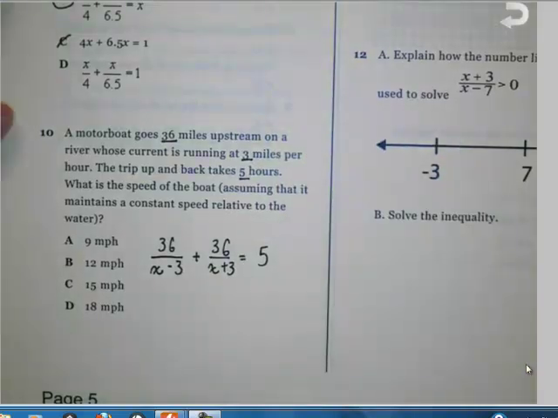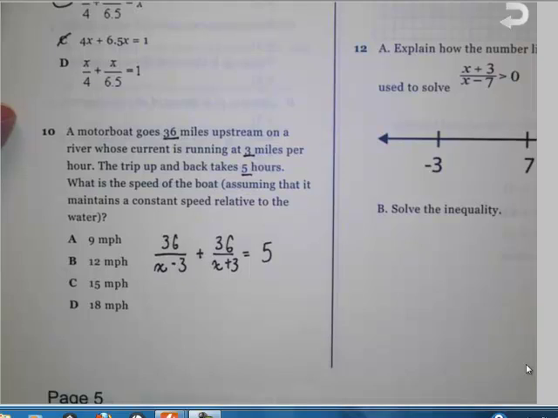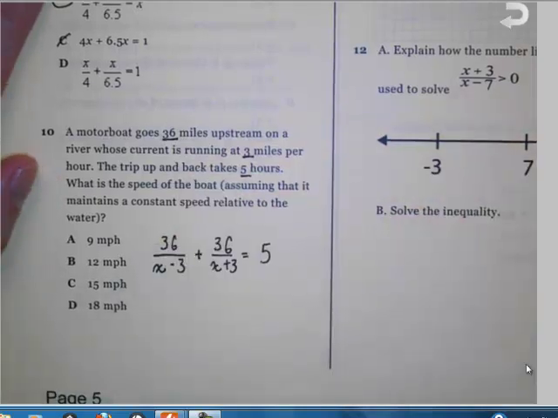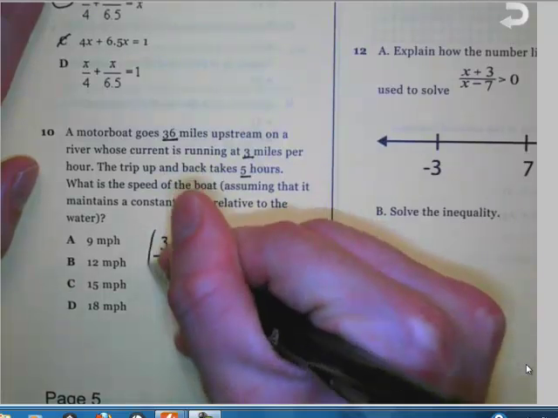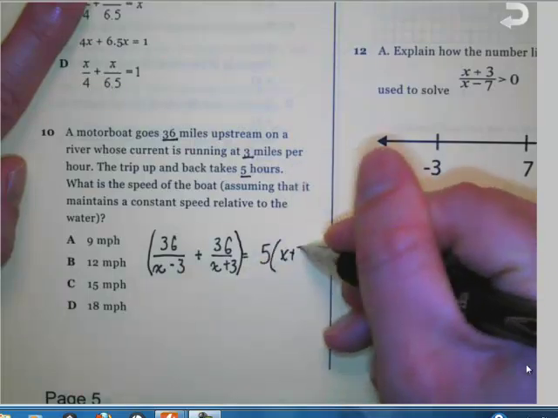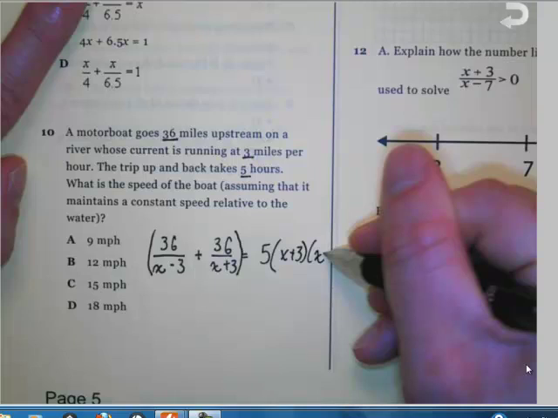Now this one's a little bit of a pickle because you've got some quadratics going on, but that's alright, we'll handle it. So, to cancel the denominators, you will multiply by the product of the denominators. So what you will do is you will multiply both the left and the right side by x plus 3 and x minus 3.